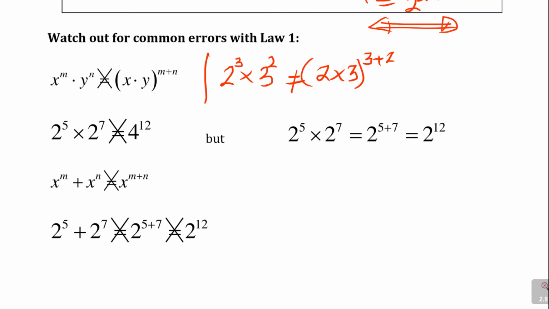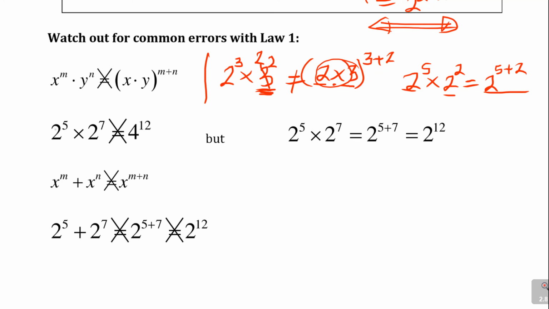Why is this wrong? First of all, it is the base. The base here was supposed to be 2, and you don't multiply 2 times 3. You don't multiply inside. Remember, the law says 2 to the power 5 times 2 to the power of 2, if the bases are the same, you don't say 2 times 2, you just write the base once and then you say 5 plus 2.